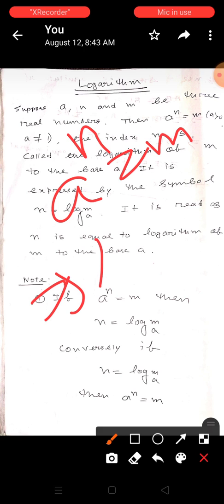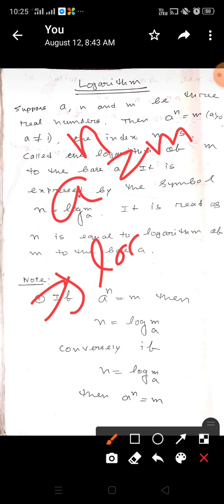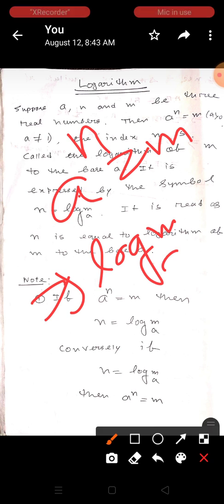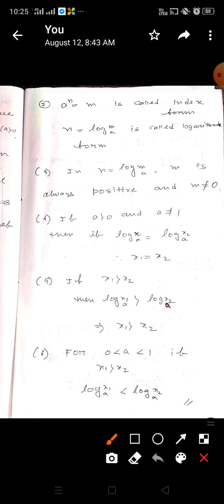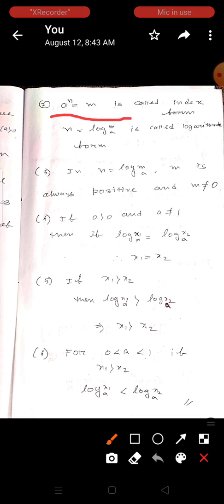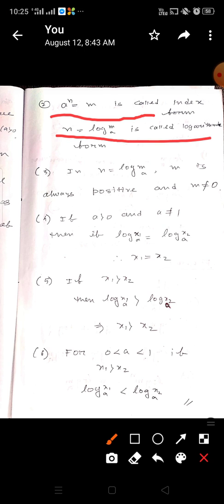So from here the base was a, so log of m base a equal to n. Now a to the power n equal to m is called index form or exponential form, and n equal to log of m to the base a is called logarithmic form.